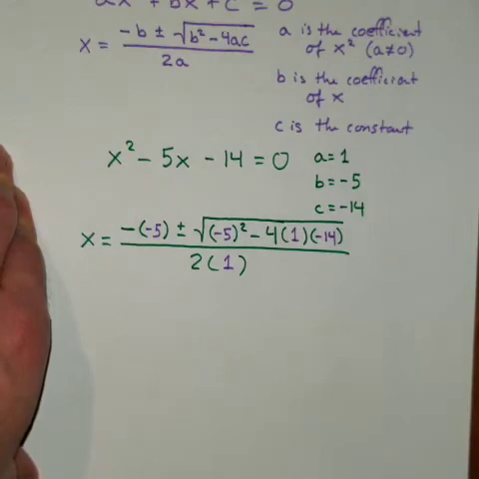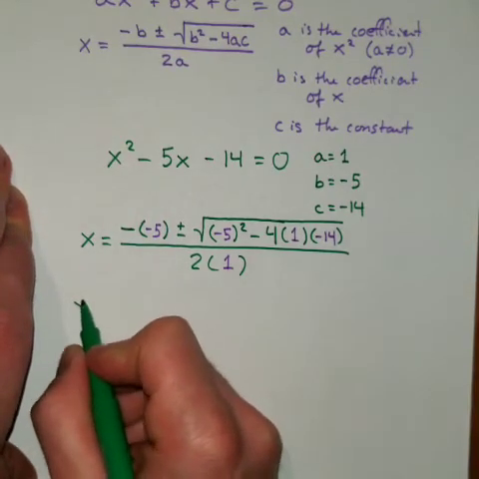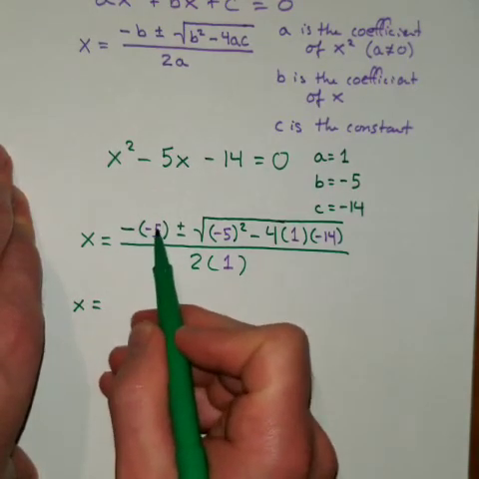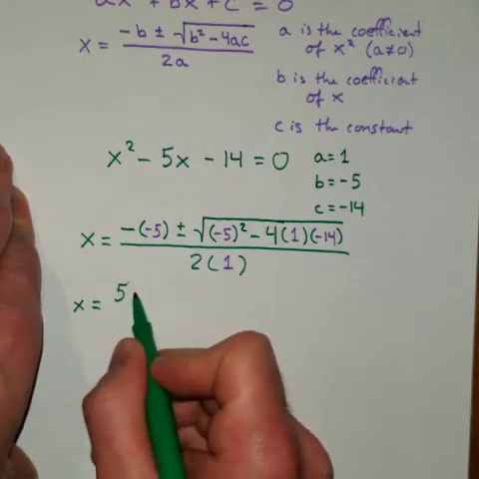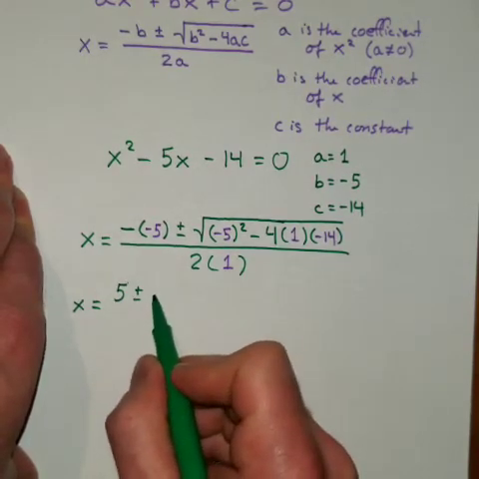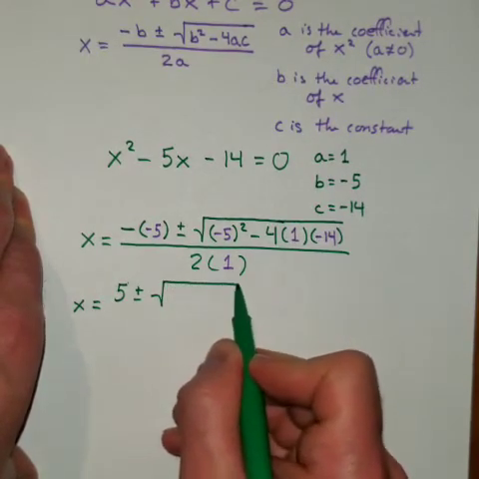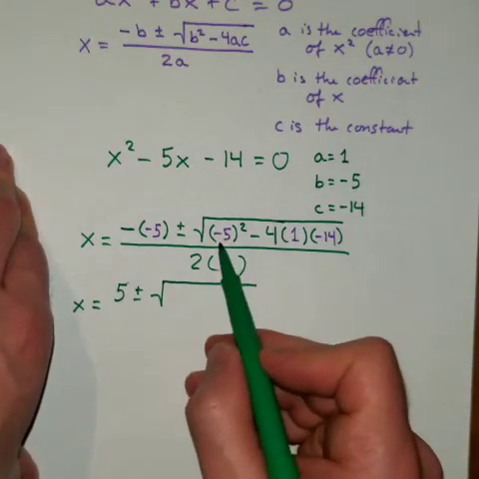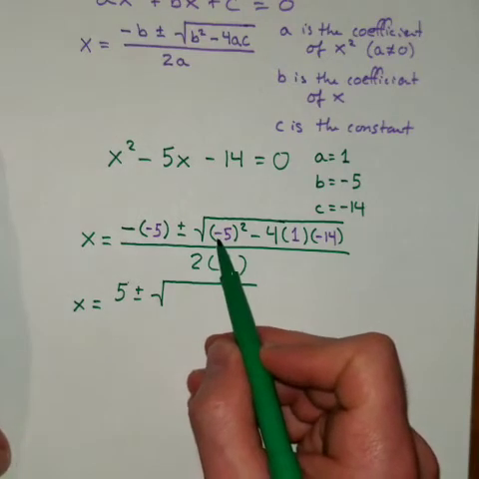Okay. Once they're plugged in, then we use the order of operations to simplify. A double negative here makes this into a +5. I'm going to do a couple operations at a time because of the way things are separated. They won't influence each other. So I can do this -5 squared.